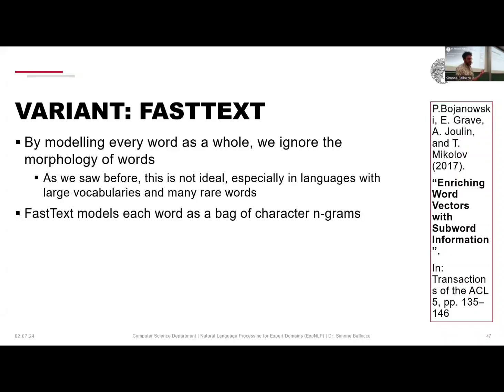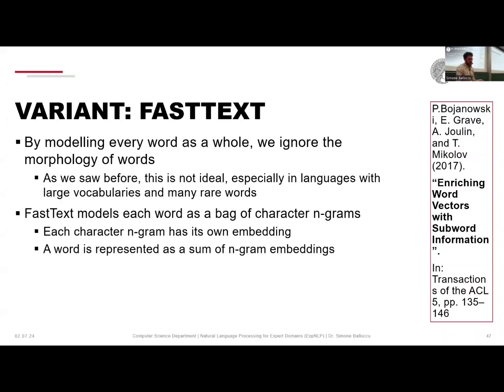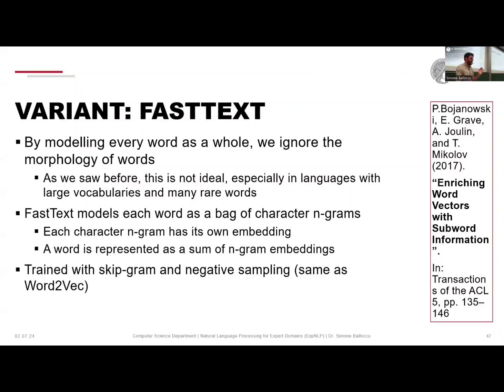It models each word as a bag of character n-grams, and each n-gram has its own embedding. So it's almost like a subword, but you use the individual characters, then you learn specific n-grams. And then you sum them up. So "eating" will be like the sum of "eat", "ate", "ing", and so on. It's trained exactly like word2vec, still skipgram, still negative sampling.